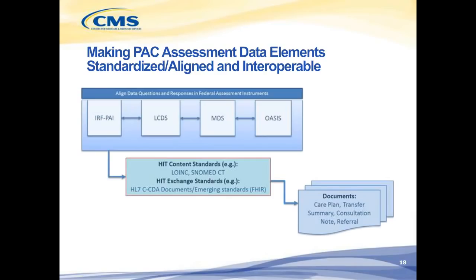The Office of the National Coordinator for Health IT, or ONC, has recognized health IT standards to support interoperable health information exchange. And these include Logical Observation Identifier Names and Codes, or LOINC, Systematized Nomenclature of Medicine Clinical Terms, or SNOMED-CT codes, Consolidated Clinical Document Architecture, CCDA documents, and Fast Healthcare Interoperability Resources.